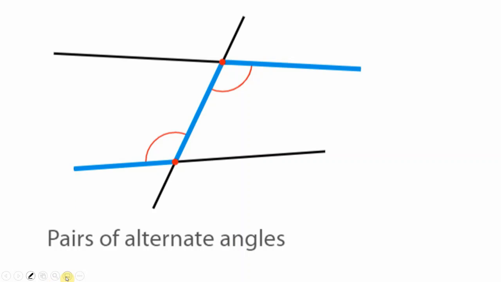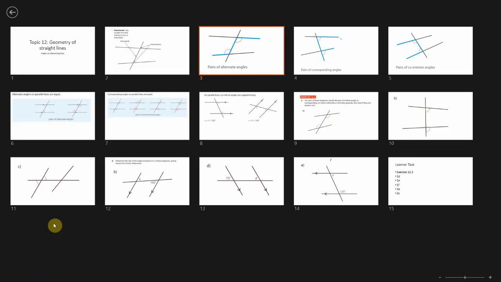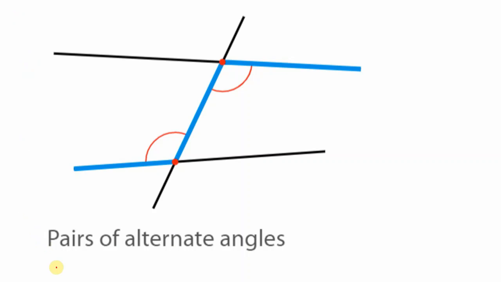Now we could indicate another pair of alternating angles. So we could look, for example, at this angle here. It's to the left of the transversal.